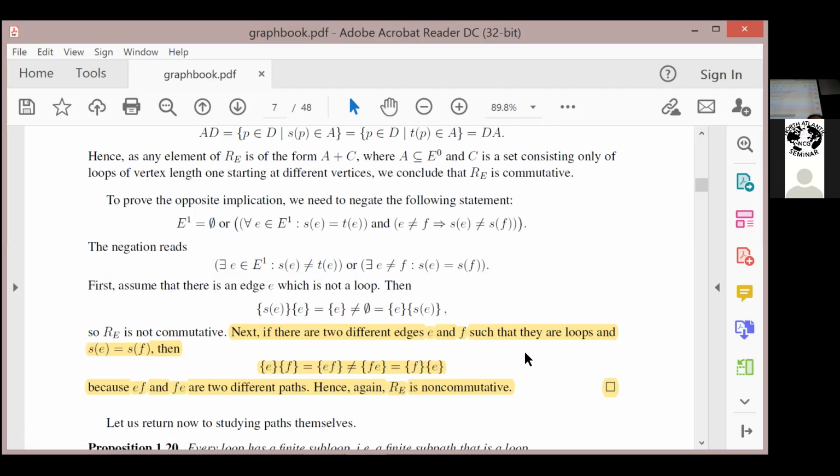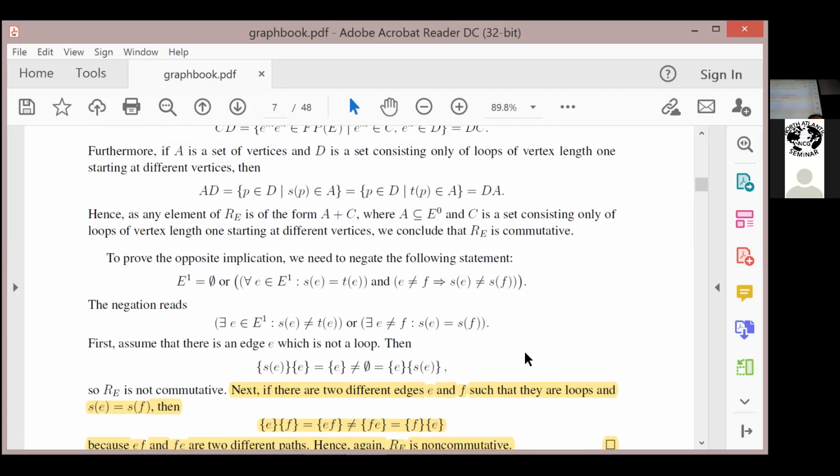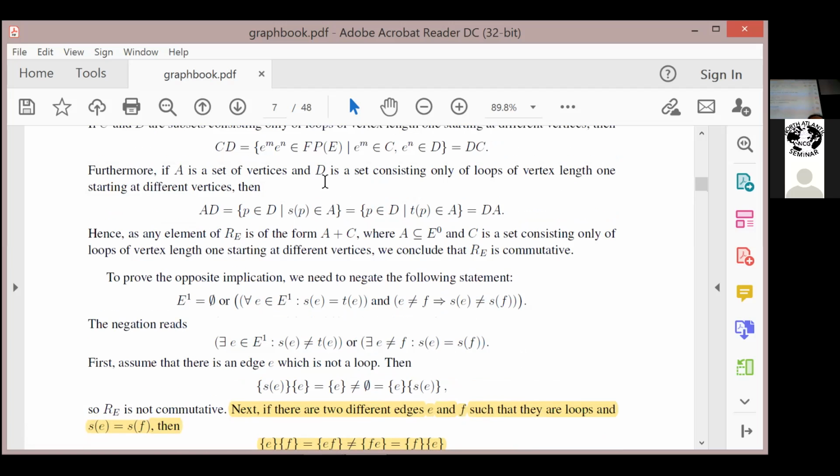And lo and behold, the other part is similar, but I could write it differently. That part is so completely identical in the case of path algebras that it simply didn't make sense to rewrite it for path algebras. That argument goes verbatim for path algebras to prove that if my graph is not of the form which I prescribed, then the path algebra is non-commutative.